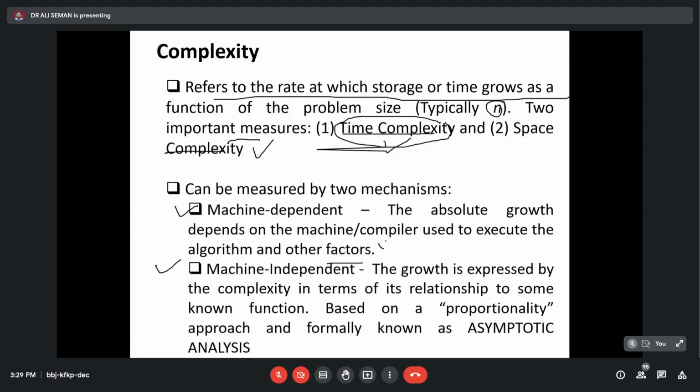Machine independent is really theoretical analysis. In machine independent, the growth is expressed by the complexity in terms of its relationship to some known function, based on a proportionality approach, and is commonly known as asymptotic analysis. In simplest words, it doesn't depend on the machine, the computer, or experiments.